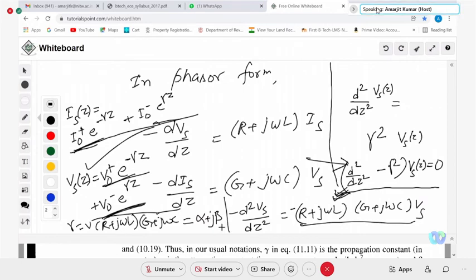Alpha is the attenuation constant, in per meter, and beta is also in per meter. So alpha will be in Nepers per meter or in decibels per meter. 1 Neper is equal to 8.686 decibels. And beta will be the phase constant in radians per meter.